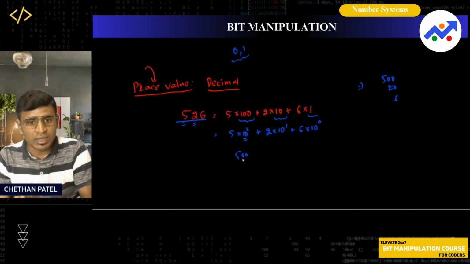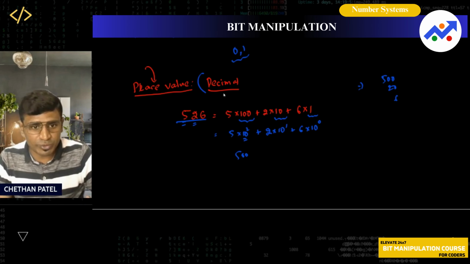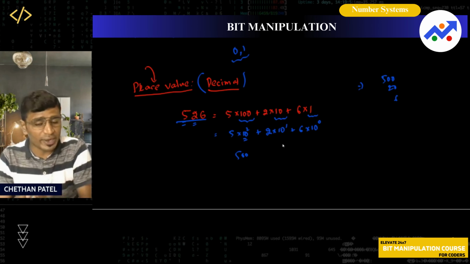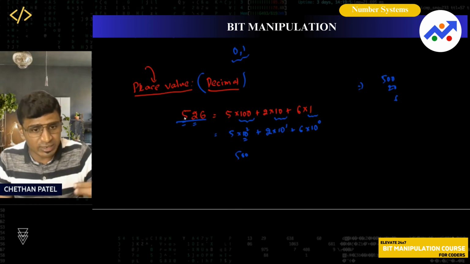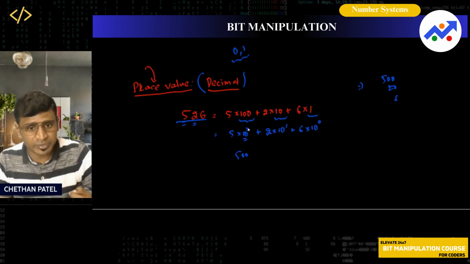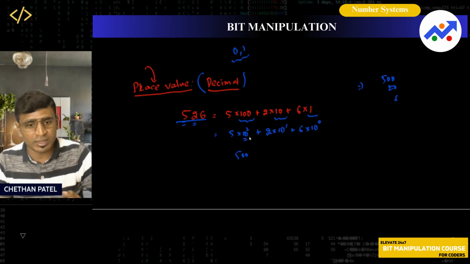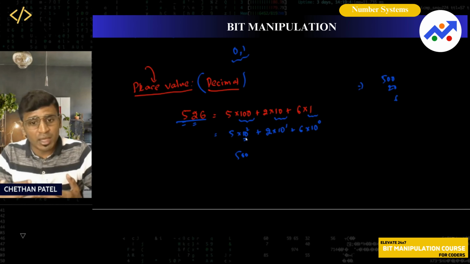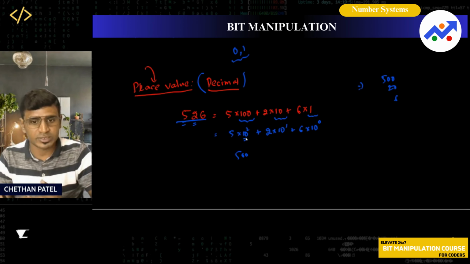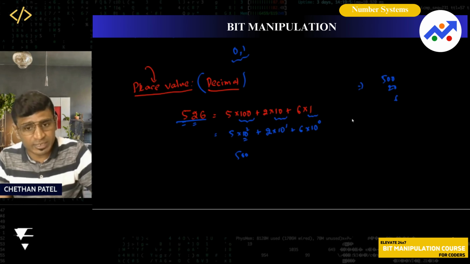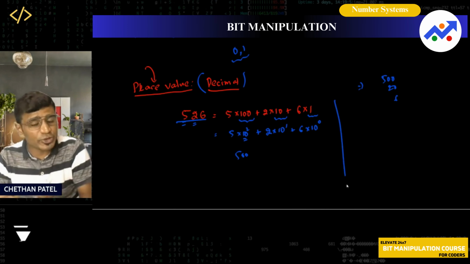Essentially, in the decimal number system, every digit in a number represents the powers of 10. The same applies to all number systems.